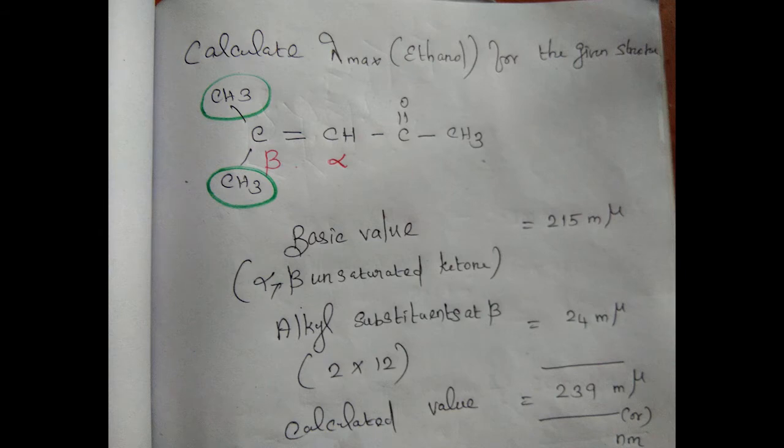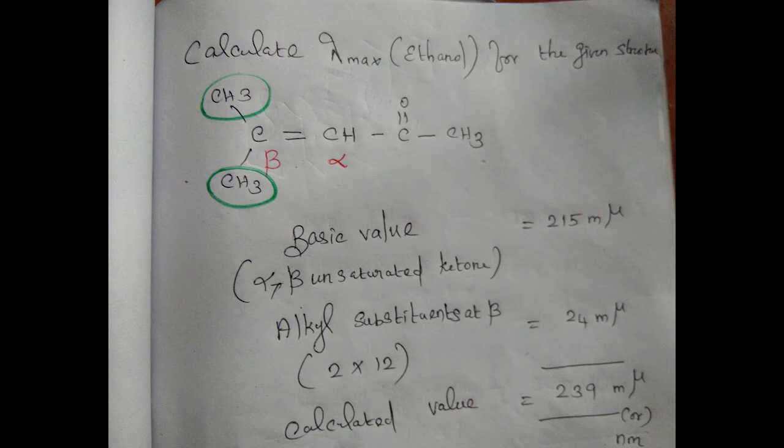Calculate lambda max for the given structure. When you see this structure, the basic value for an acyclic alpha beta unsaturated ketone is 215 nanometer or millimicron. It has 2 alkyl substituents at the beta position.